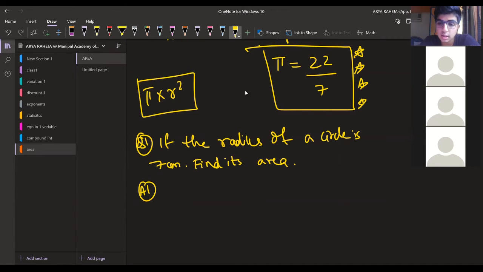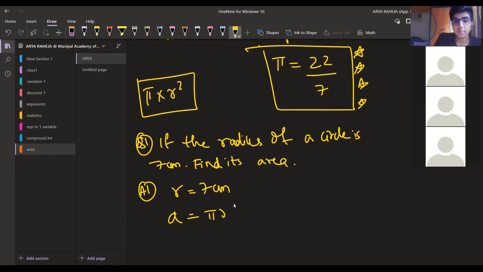Okay, just do it fast. Simple formula है pi into r square and pi का value you put as 22/7. So let's see. The radius is 7 centimeters. You have to find the area.